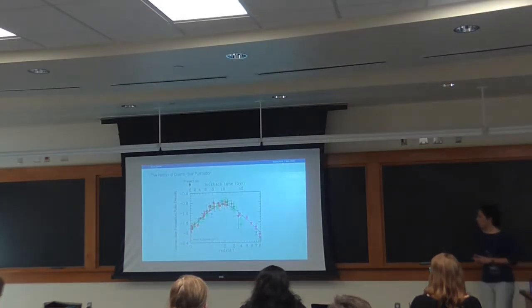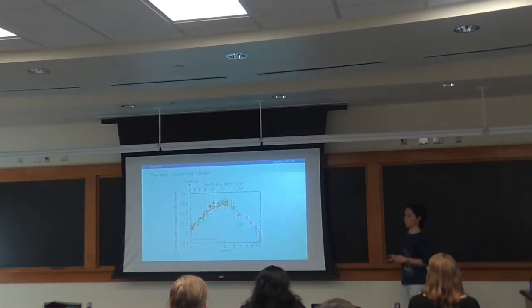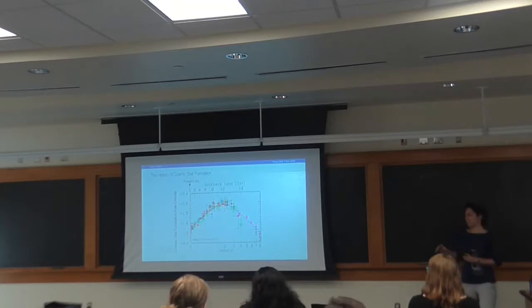So in this plot, I'm showing the history of cosmic star formation. This is the famous Madau plot. The y-axis is showing the cosmic star formation rate density. On the x-axis, you see the redshift. As I mentioned, our universe starts and the star formation rate density starts to grow.